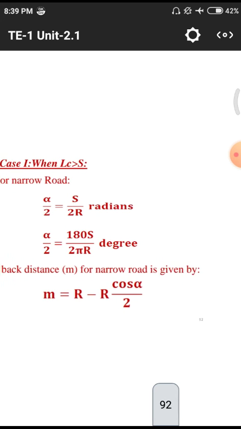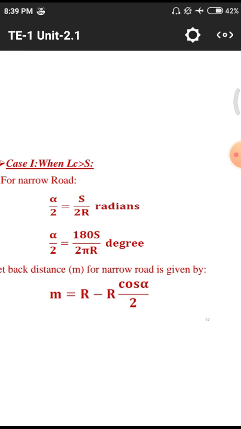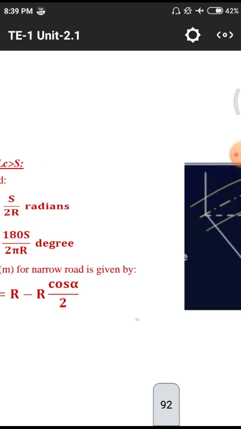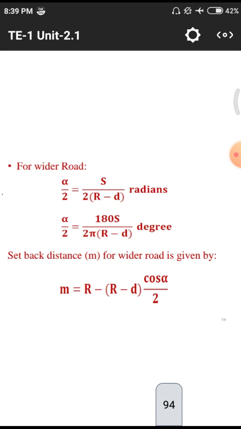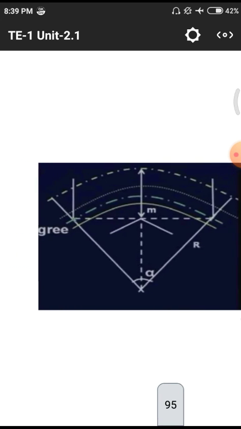In the previous case we had s by 2r and m equal to r minus r cos alpha by 2, but in the case of narrow roads it is r minus d into cos alpha by 2, that means we neglect some distance d from the radius of the curve.